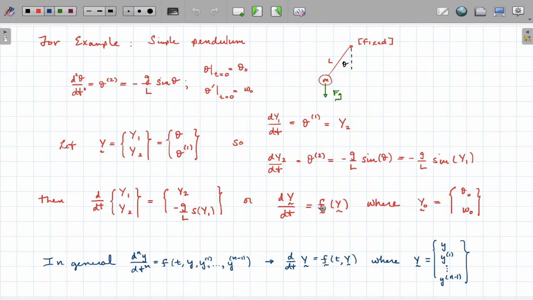And in general, those derivatives depend on every single one of the elements in the solution vector. So, in general, we could do this with any nth order ODE by just letting our solution vector equal the dependent variable and all of its derivatives up to, but not including, the nth.